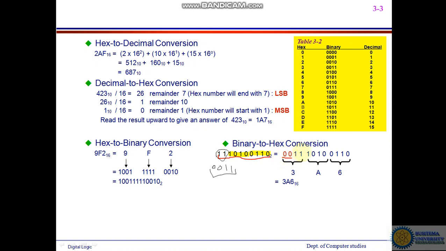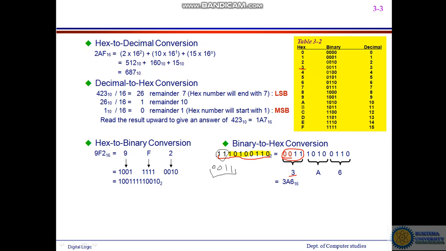So we know that this one gives us a 3 in base 10. So, and remember, a 3 in base 10 remains a 3 in hexadecimal, which is around here.